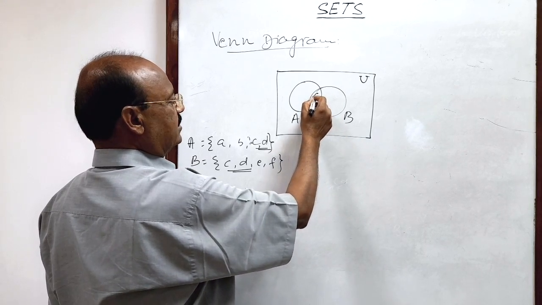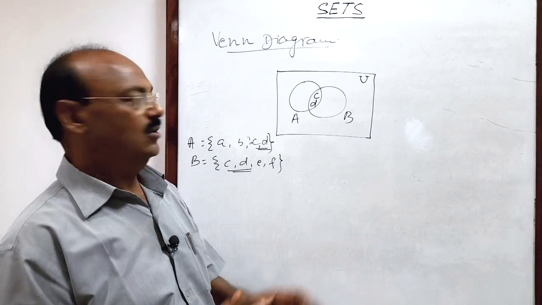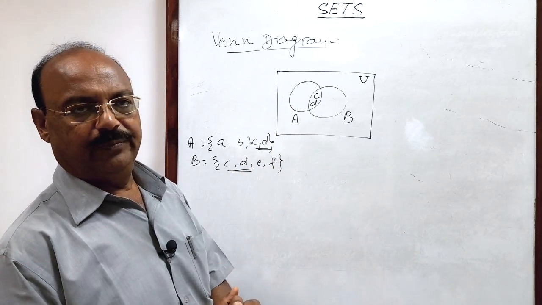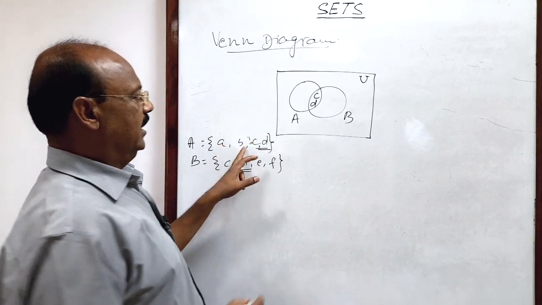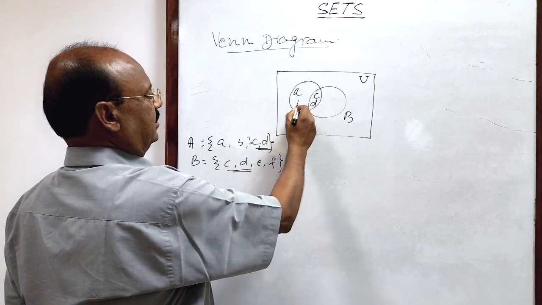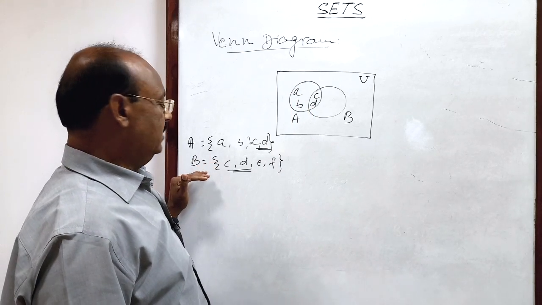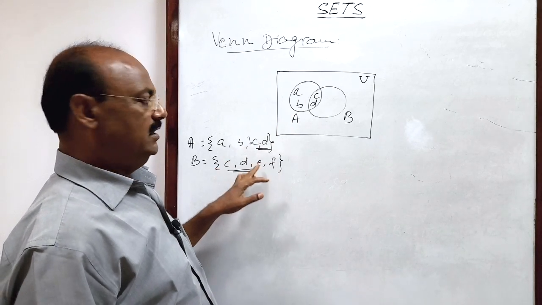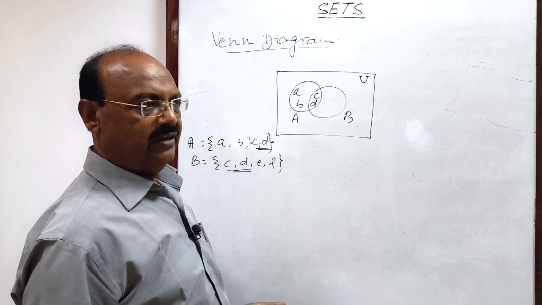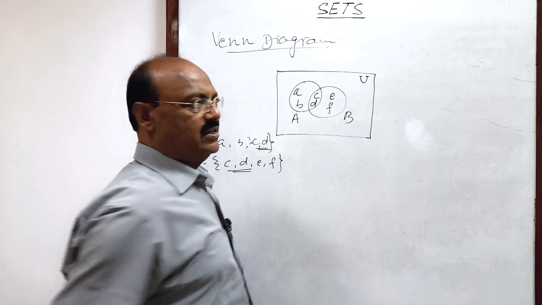So we'll write here C and D in the common portion of these two sets A and B. Other two elements of set A are A and B, so we can write these two elements here. And similarly in set B, as C and D are common elements, E and F are the other two elements in set B, so we can write these two elements here.